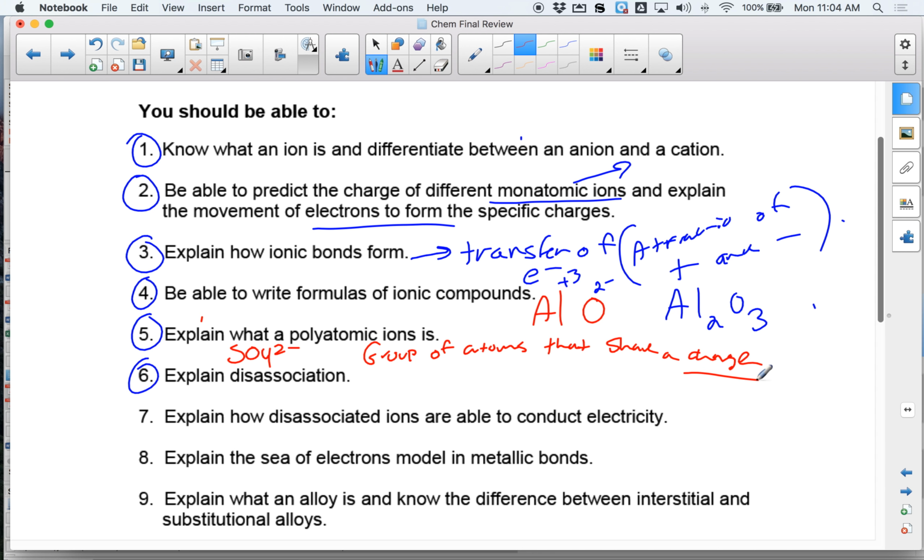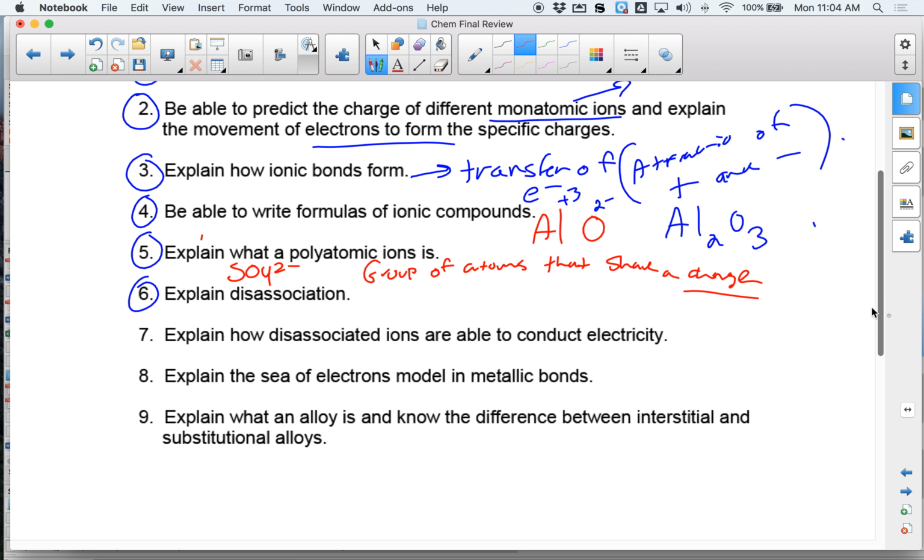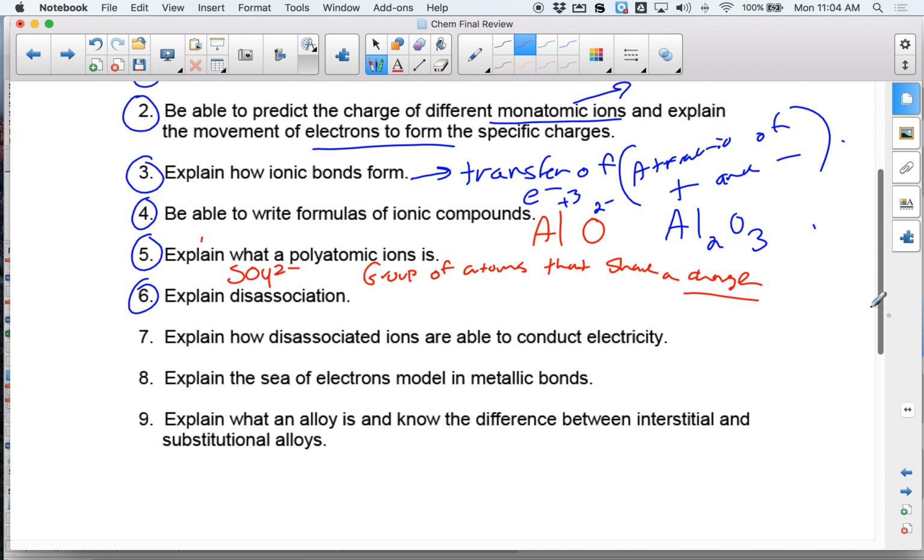All right, number 6 says you should be able to explain disassociation. Disassociation is the separation of ions in a solution. We saw this a lot with acids and bases, but any ionic compound can disassociate.